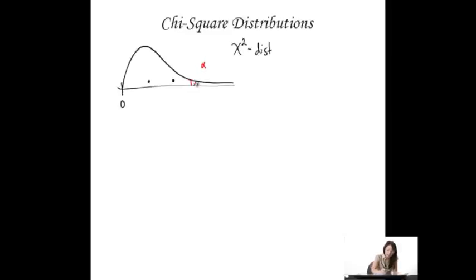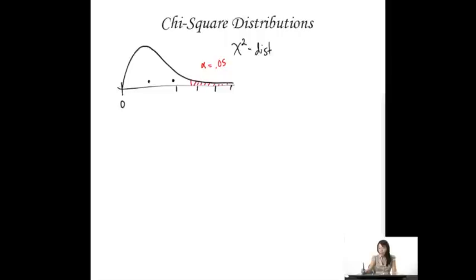It's only on one side. And so when we say something like alpha equals 0.05, this is what we mean. We'll reject the null when we have a chi-square value that's somewhere out here, but we will fail to reject if we get a chi-square value in here from our sample.